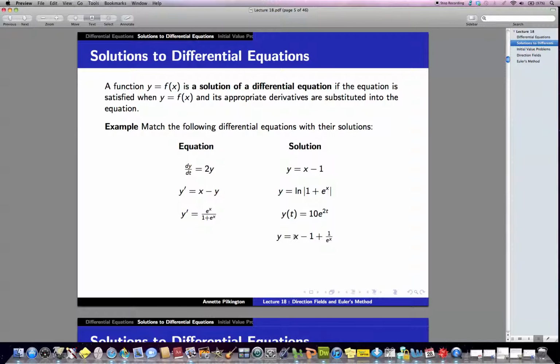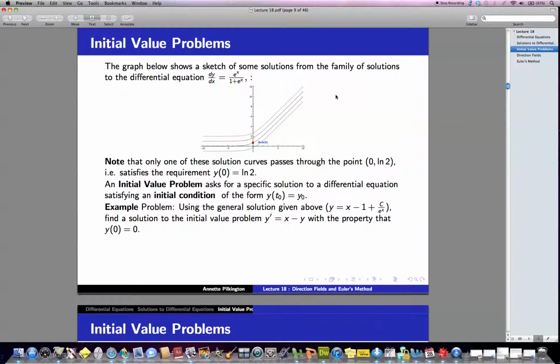So when I plug in this function on the right and I plug in its derivative on the left, I get equality here, so it fits the equation. You can check which of these on the right are solutions to these equations on the left by taking derivatives and trying to fit them into the equations.